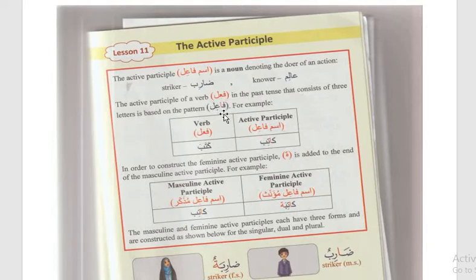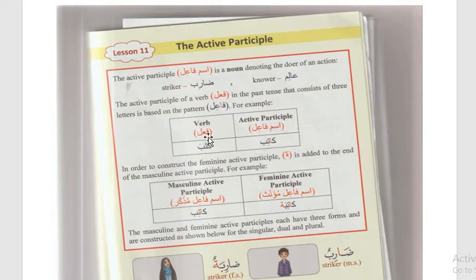See, for example, ضارب is the same pattern as فاعل. Also عالم is the same pattern as فاعل. So it's very important to add alif here. فاعل, عالم, ضارب.